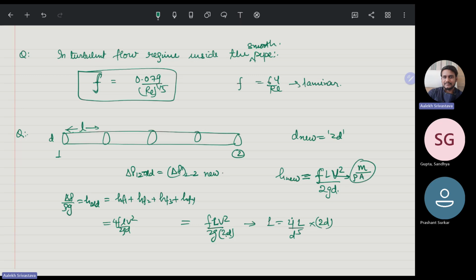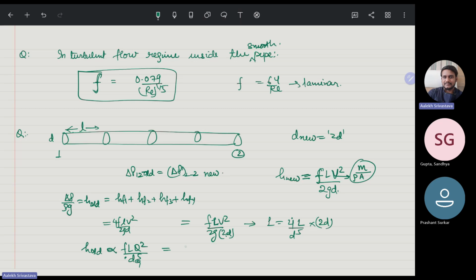If you simply put this in, you will get for the old system f L, and the volume flow Q square upon D raised to the power 5, D equivalent raised to the power 5. So it is directly proportional to this.